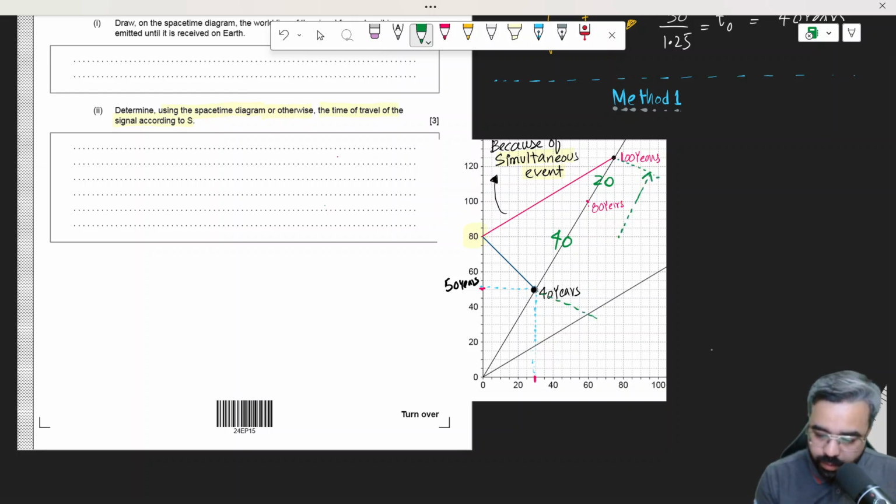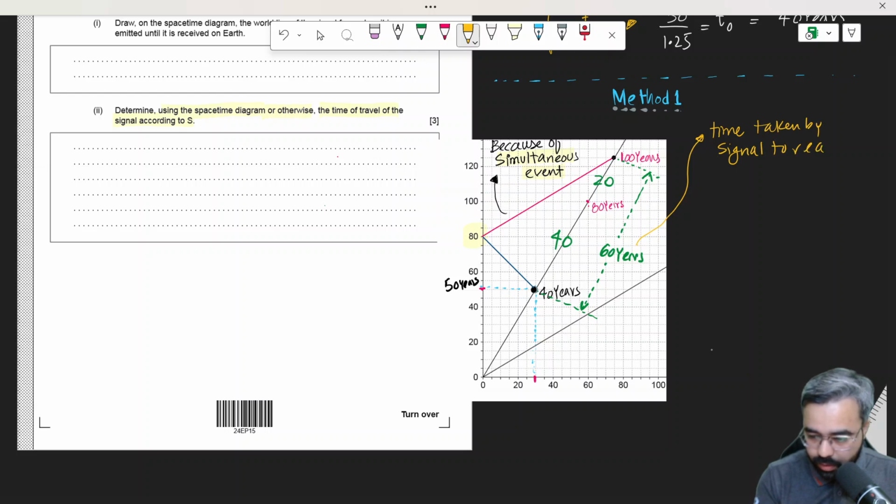The total journey is 100 years, but 60 years is the time taken by the signal to reach Earth according to the S frame of reference.